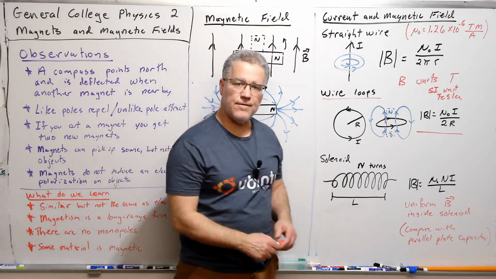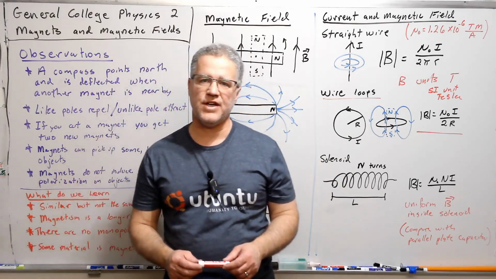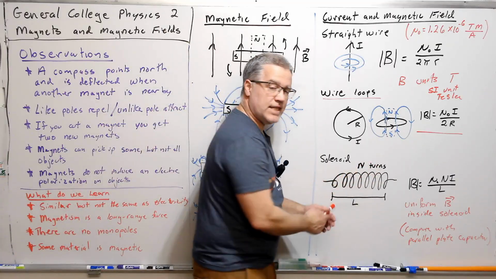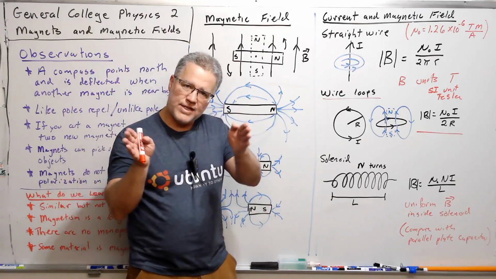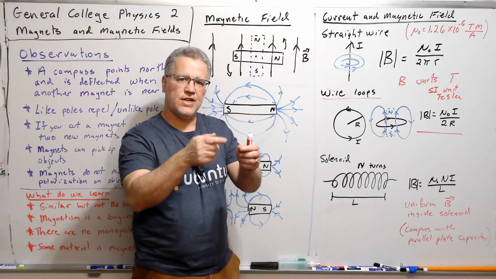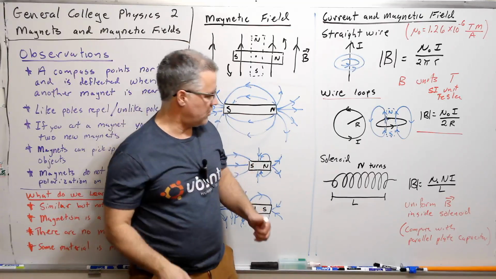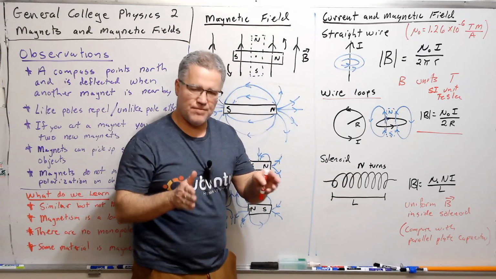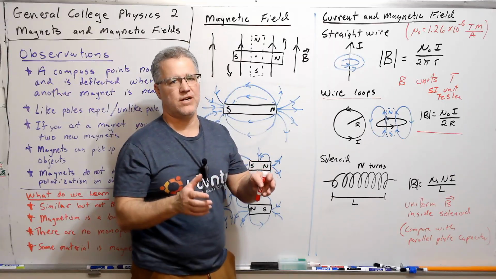Finally, let's look at a really important device called a solenoid. This has N turns in a helical pattern, and we talk about the density of that helix as how many turns per length L. So N over L is what's important. Do we have a lot of turns in a meter or a small number of turns in a meter?